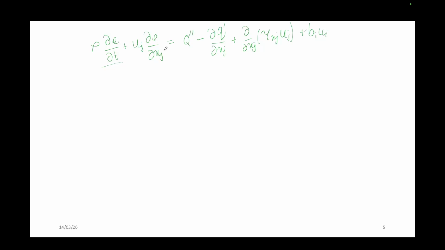This is a simplified form to represent this. I think you got it. Just a minute. One little step I have done. This is ui. So this is the final form of the equation.